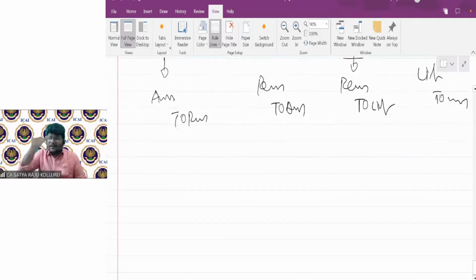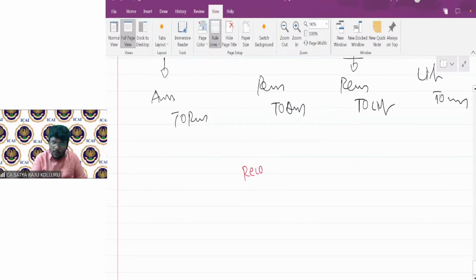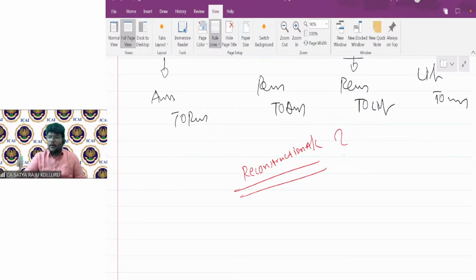Next, sir, after completion of all these internal reconstruction procedures, what do I need to do? You need to find how much balance is there under the reconstruction account. Let us assume under the reconstruction account, I have 22 lakhs balance, which is profit.